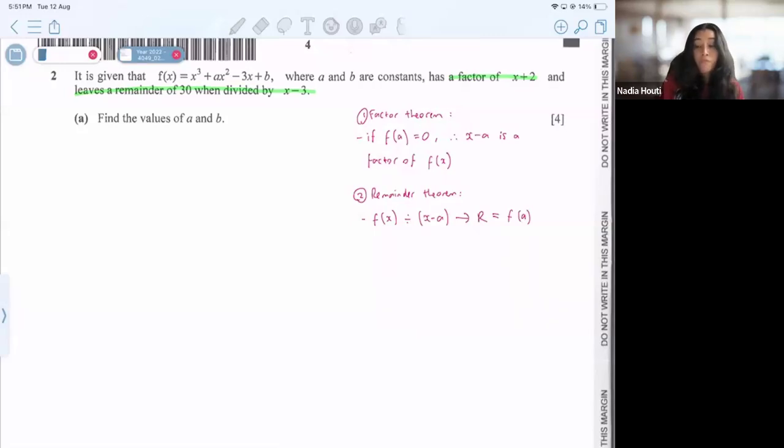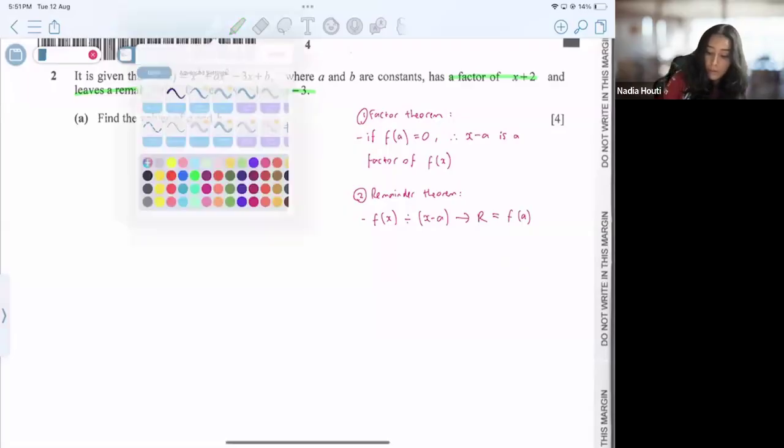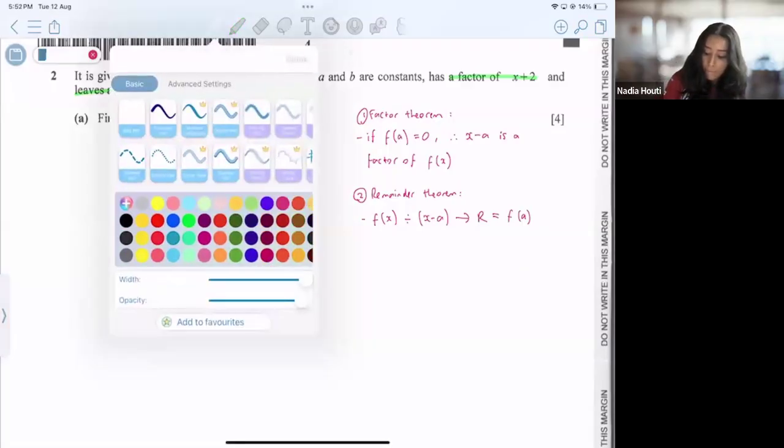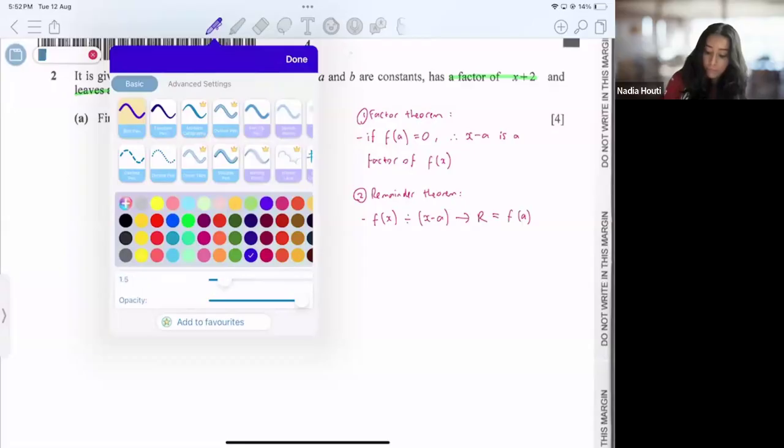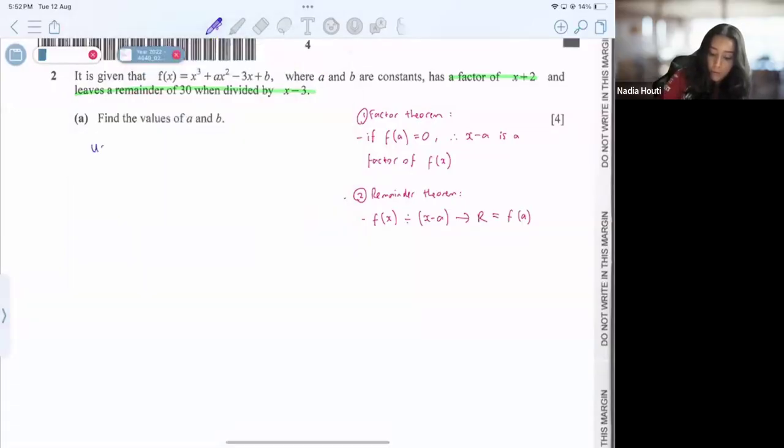First of all, we're going to use the factor theorem. So you have a factor x plus 2 here, which means your a is negative 2. So basically, f(-2) will give you 0.